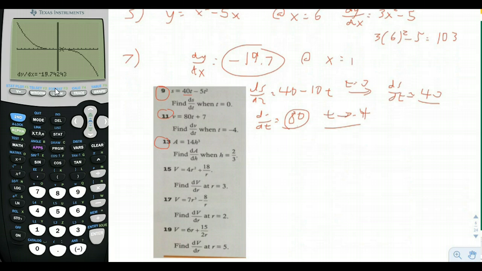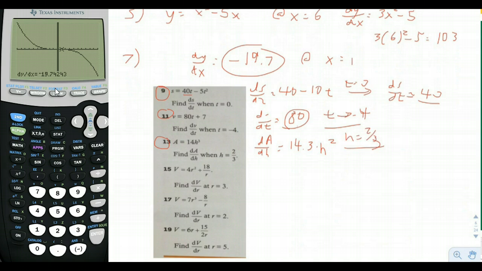13. 14h cubed. So we'll take the derivative of dA dH, and we'll get 14 times 3 times h squared. And then what about when h equals 2/3?